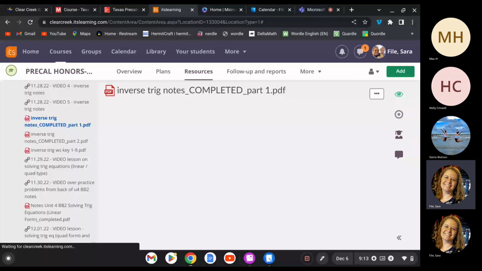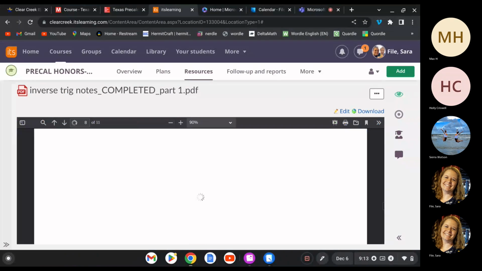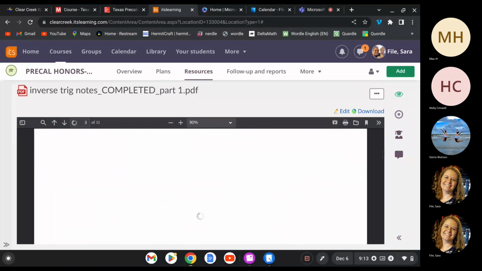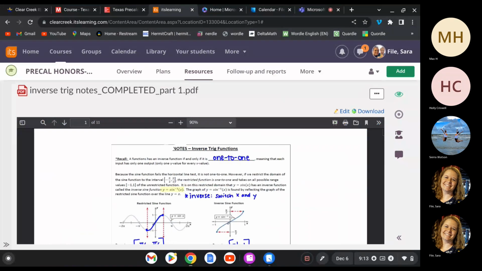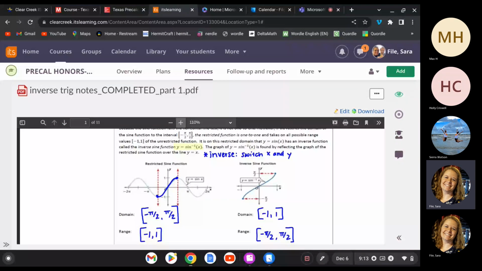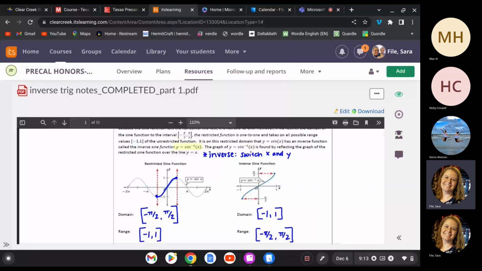When I showed you those graphs just a second ago, get back to sine. On the inverse sine function, the right picture, you can see the domain is -1 to 1. That's input. So the input of arc sine has to be between -1 and 1.